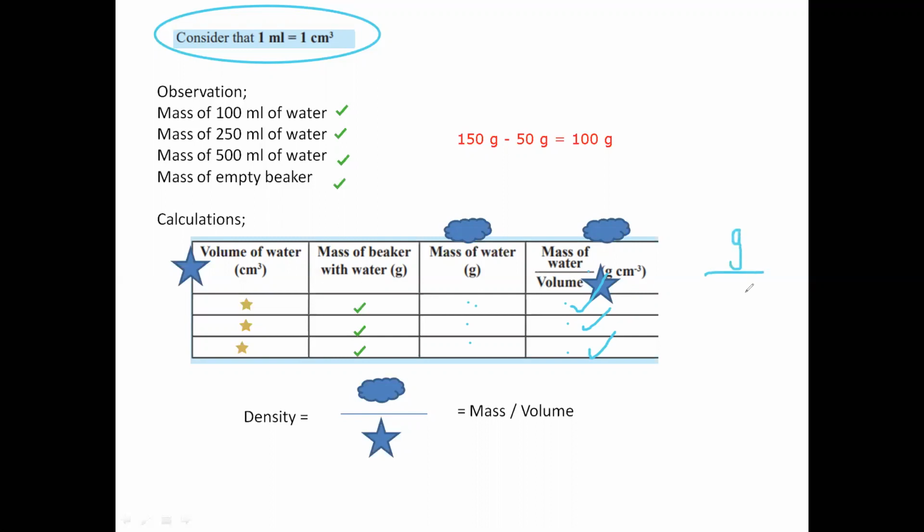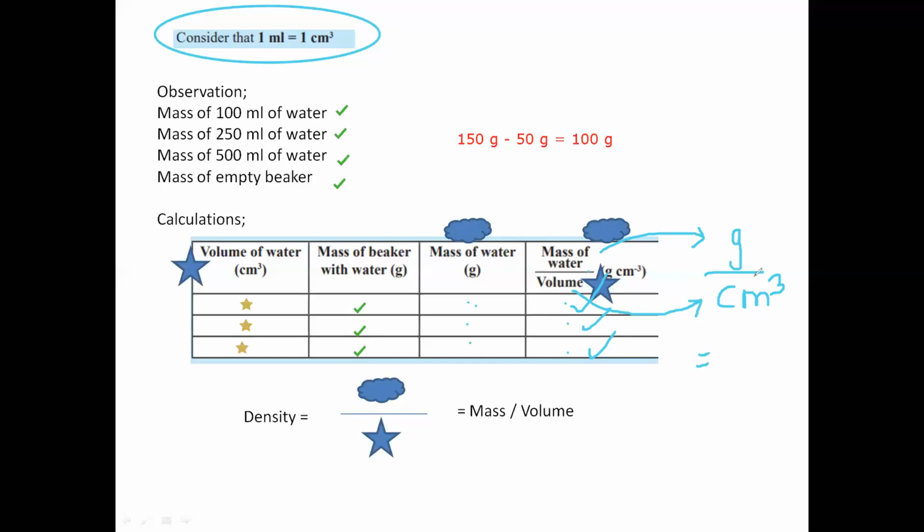The mass is coming in grams. The volume you measure in milliliters, but I said earlier, you have to consider 1 milliliter equal to 1 cubic centimeter. So this will come as cubic centimeters. Grams you have to divide by cubic centimeter. Grams is the mass, and the volume is in cubic centimeters.